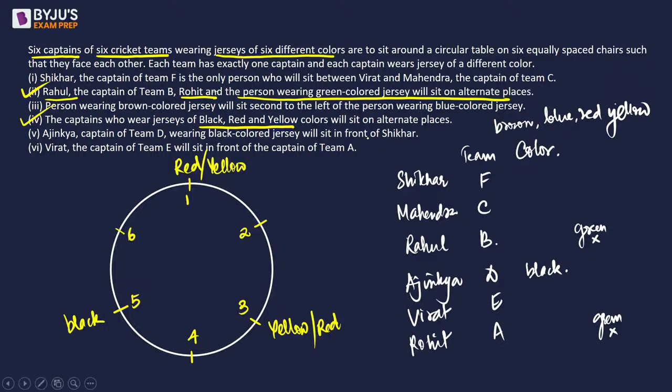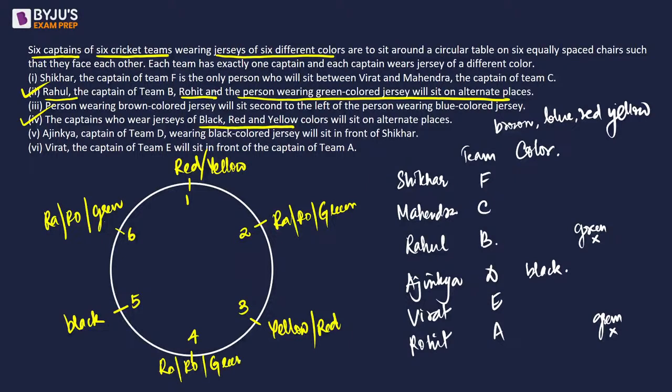So where is Rahul, where is Rohit, and where is green colored? We don't know, because the sequence is not necessarily the same as it is written. It can be in any order.